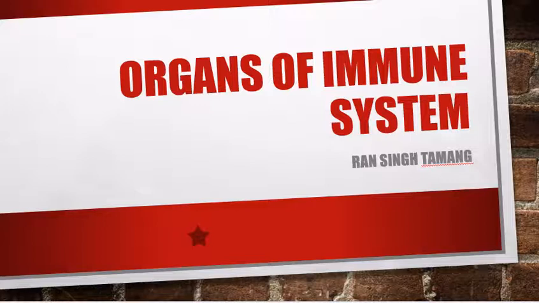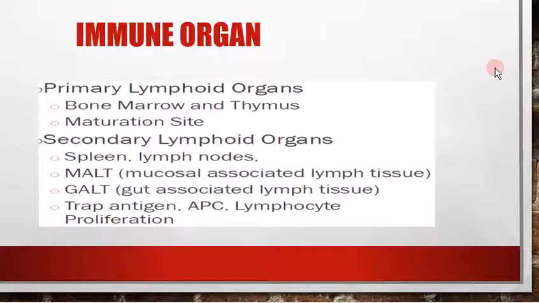presentation. So okay, I would like to take you to the immune organs. There are two different types of immune organs in our body: primary lymphoid organs and secondary lymphoid organs.